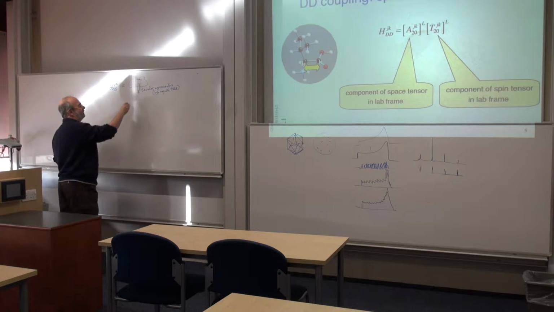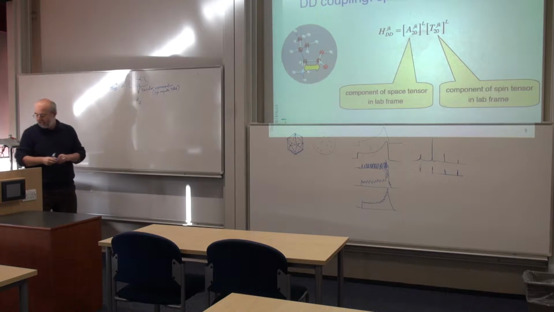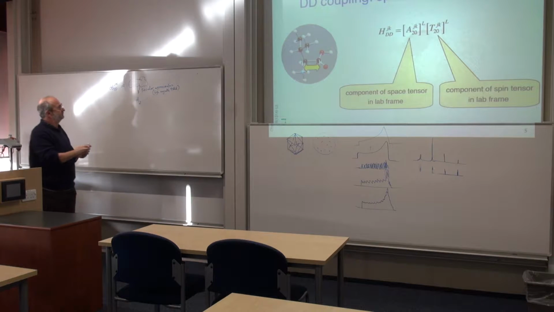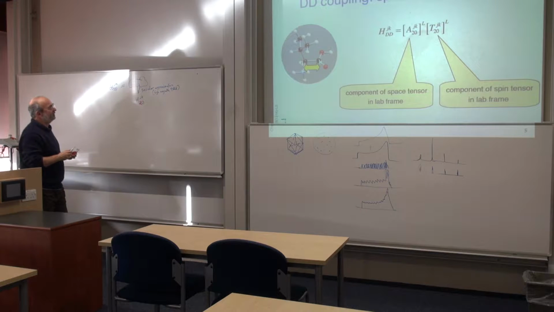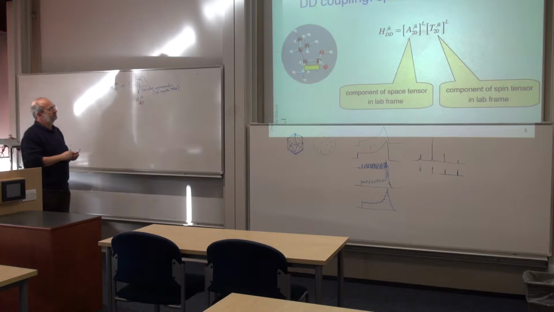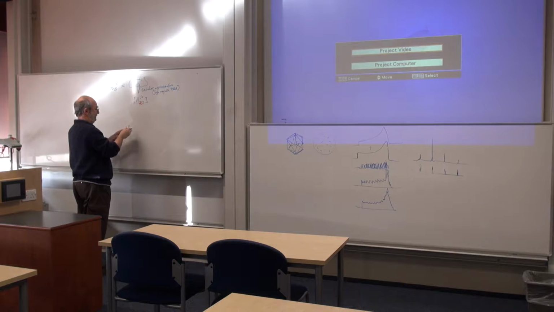And then it's a really simple thing. It's just the product of two second-rank tensors, one for the space part of the interaction, written in the lab frame.